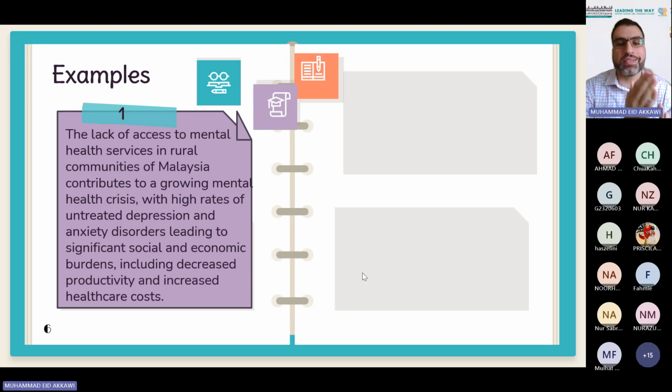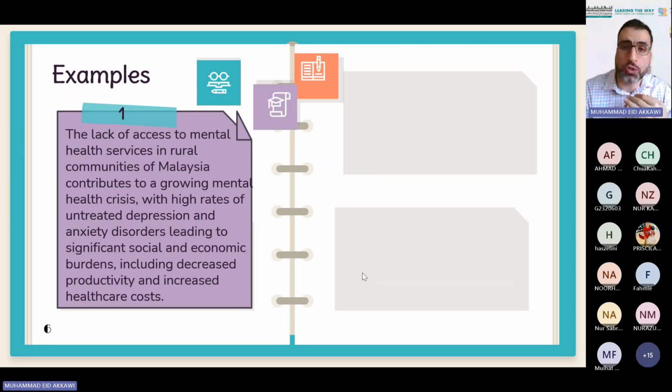So if we try to break down this problem statement, we will see how specific it is, and the scope is very clear about what research will be conducted. So we are not talking about mental health in general. We have one part, which is the access to mental health services.